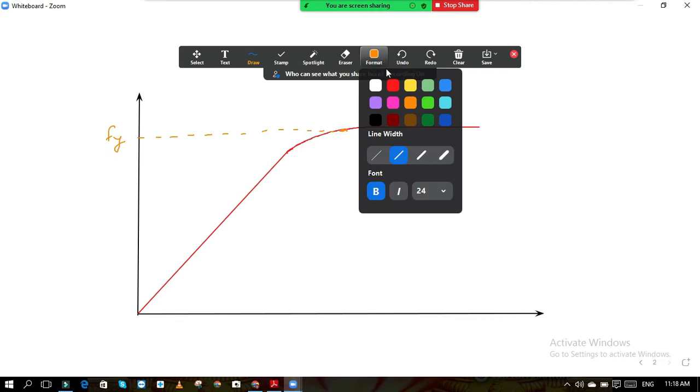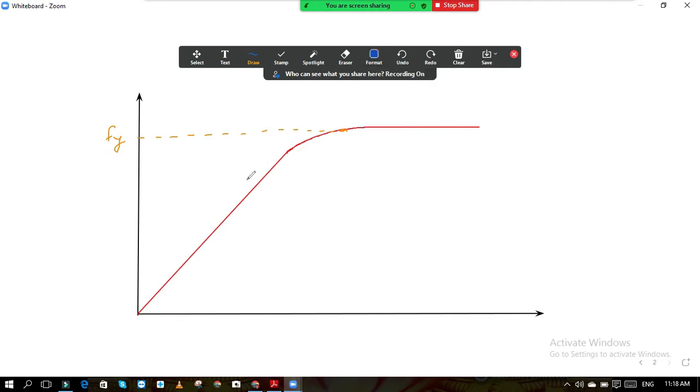Now again, if you draw the design curve, it will be the same up to this point. From here onwards, again the same profile will be there, and then again it will move like this.